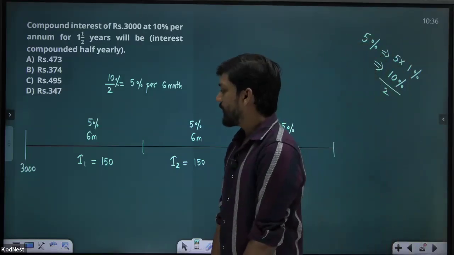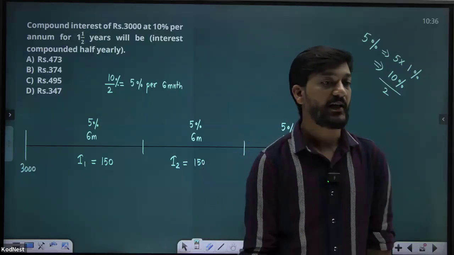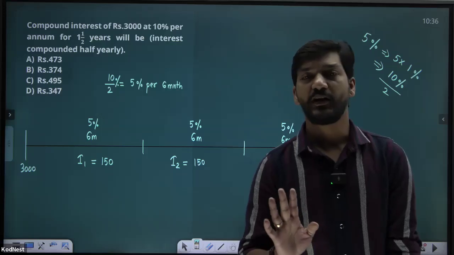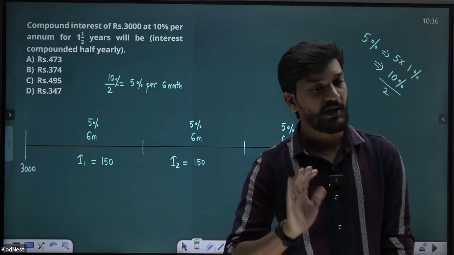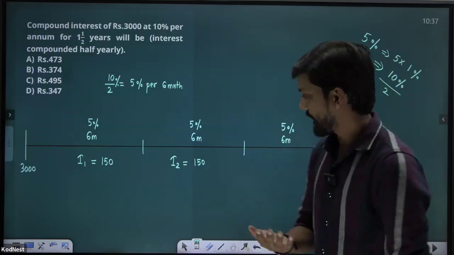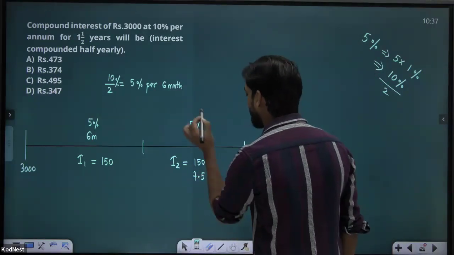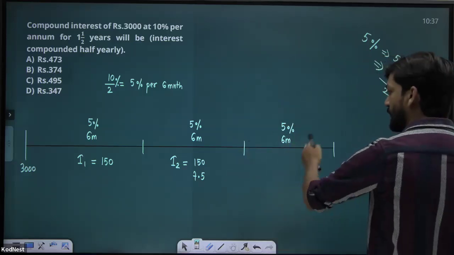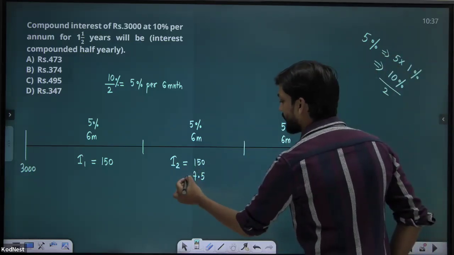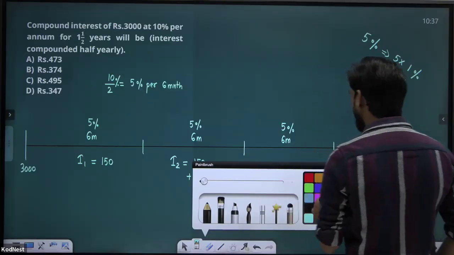So, tell me 10% of this. 10%, 15. So 5% will be half. Half of 15, how much? 7.5. So 7.5. All right, let's come to this. You can write plus sign, or even if you don't write, it is obvious.